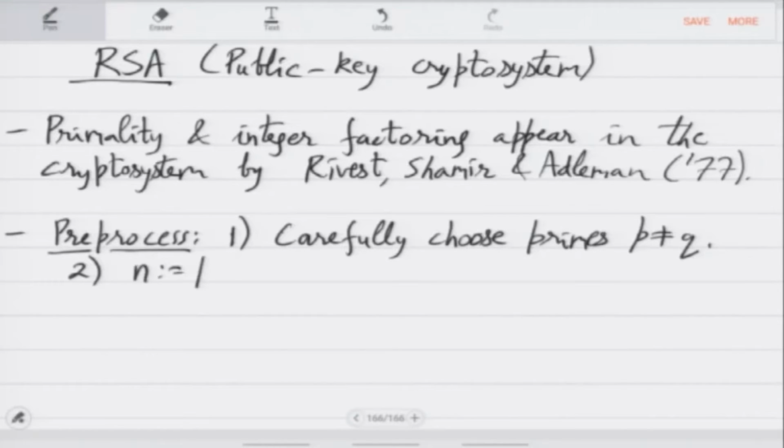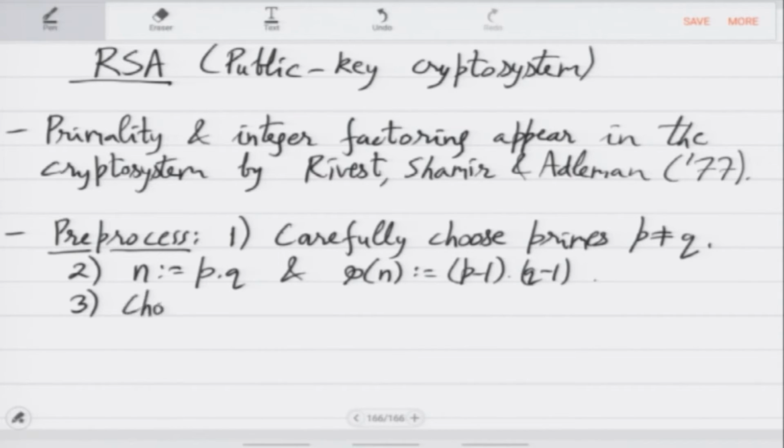N will be the product of P and Q, and phi n is the Euler totient function, P minus 1 times Q minus 1. Also carefully choose an E between 1 and phi n.